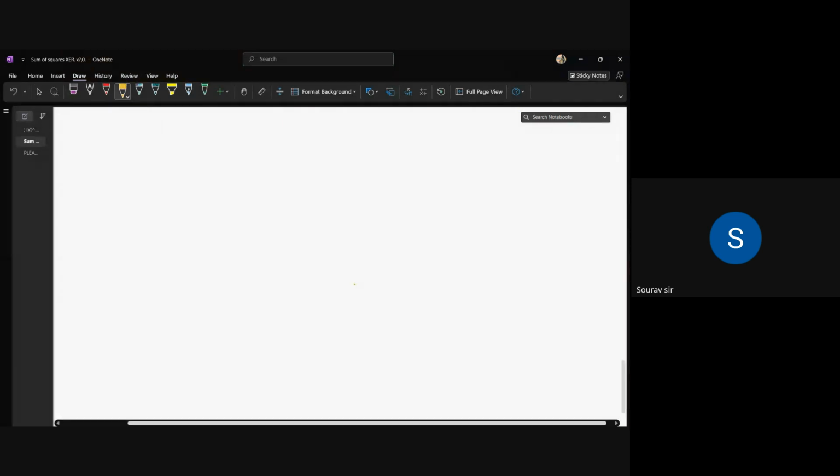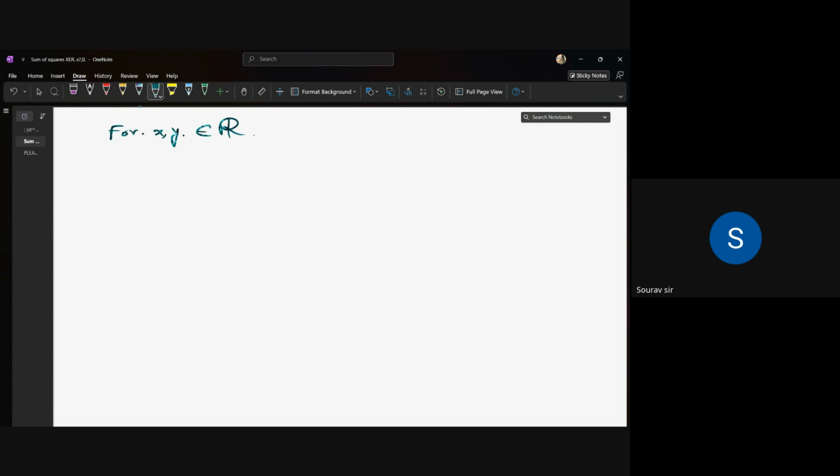This question is also very easy, and the question tells us that for x and y belonging to R, if we are getting these things, what can we use here?